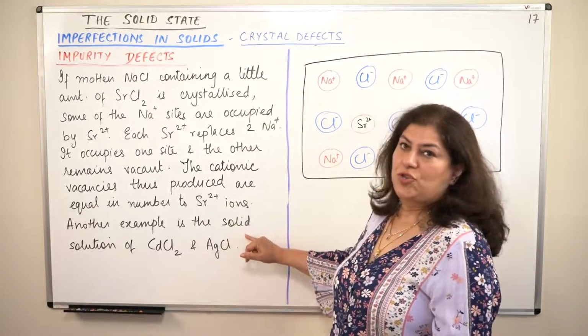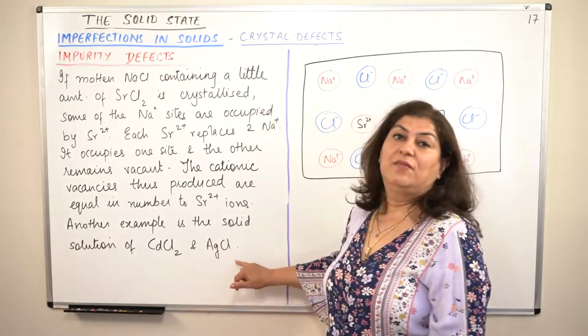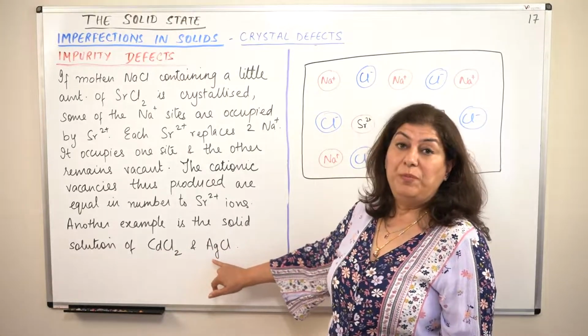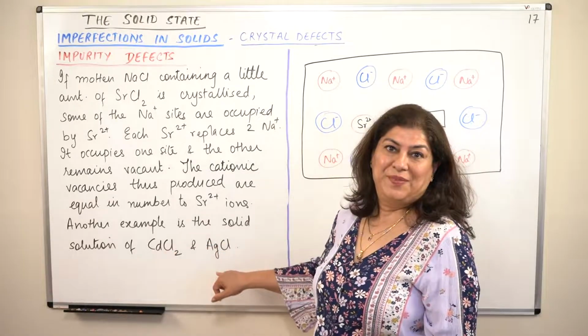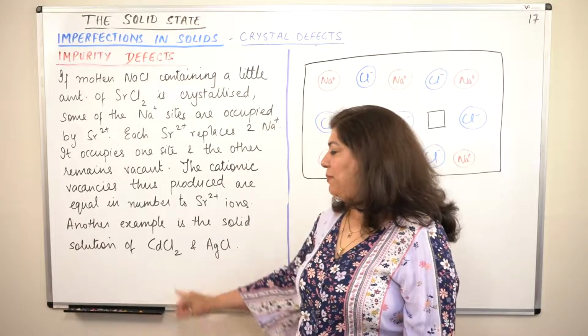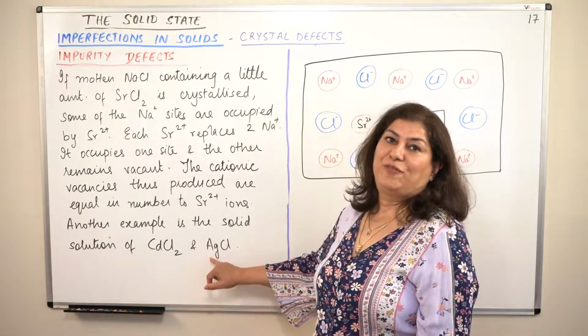Another example of such a solid would be a solid solution of cadmium chloride and silver chloride. Silver again is 1 positive and cadmium is 2 positive. It is the same situation. Every cadmium that is present will take the place of two silvers.